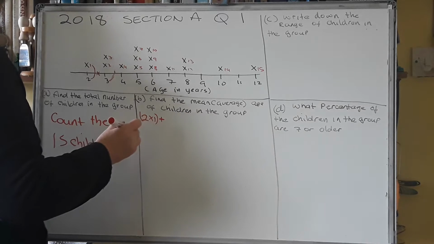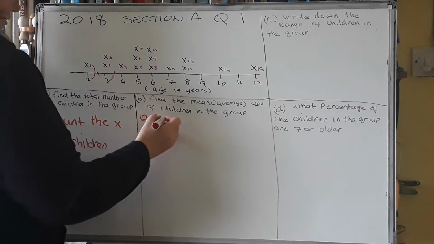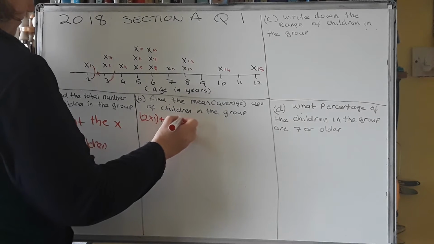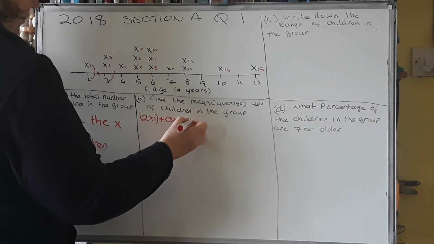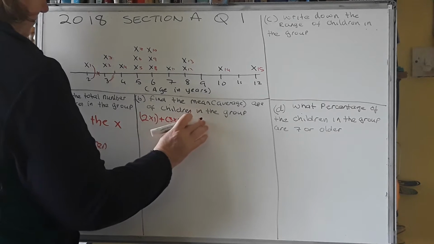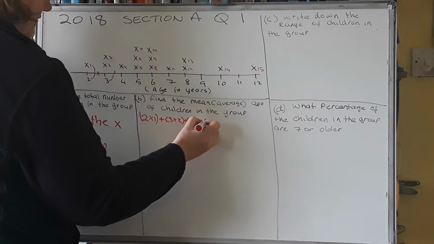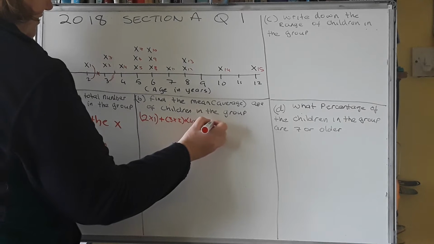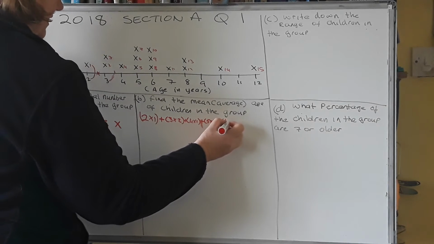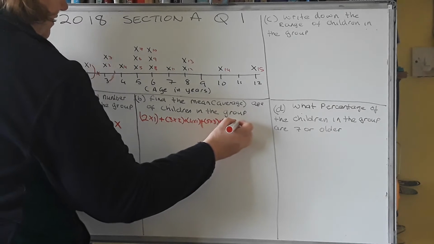Plus 3-year-olds, there are 2. Plus 4-year-olds, there's 1. Plus 5-year-olds, there's 3. Plus 6-year-olds, there's 3.